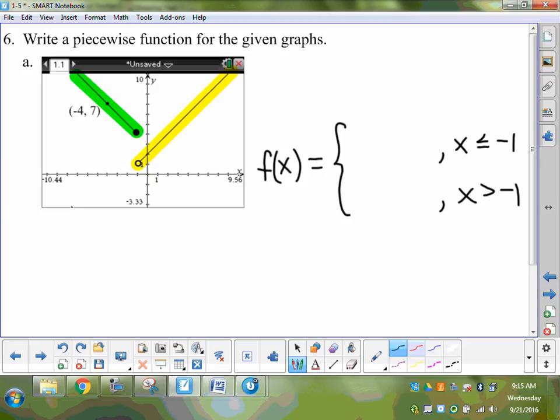Now, you need to give the equation of this line. Remember, f of x is the same as y equals. What is the slope of our green line? Hands up, please, if you can tell me that. What would the slope be of our green line? Did you rise over run?